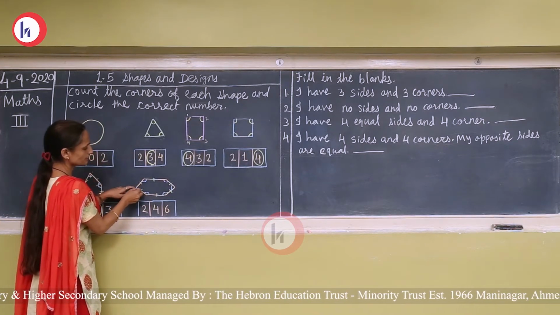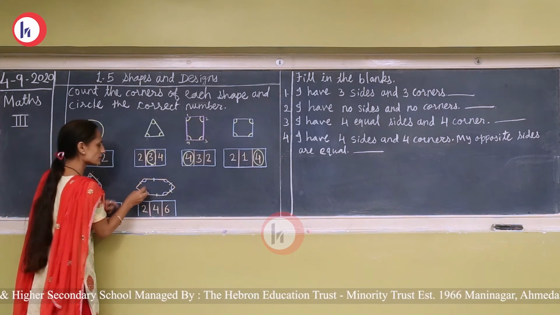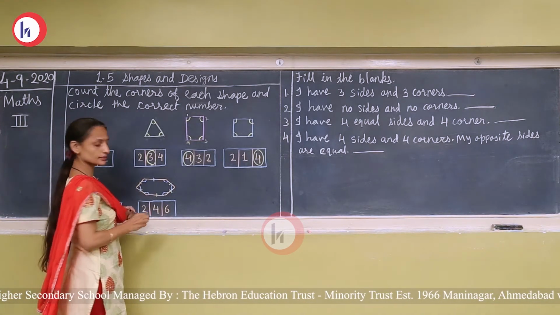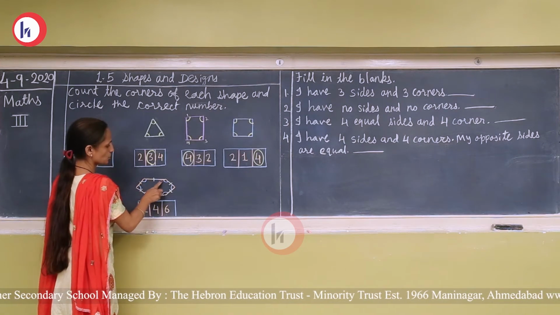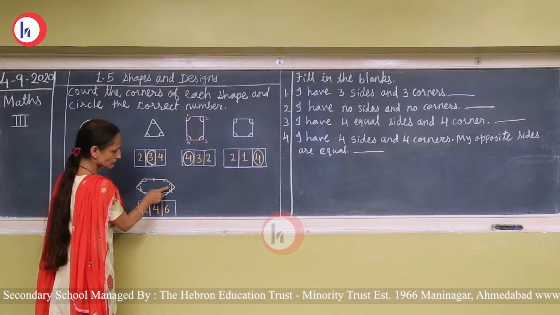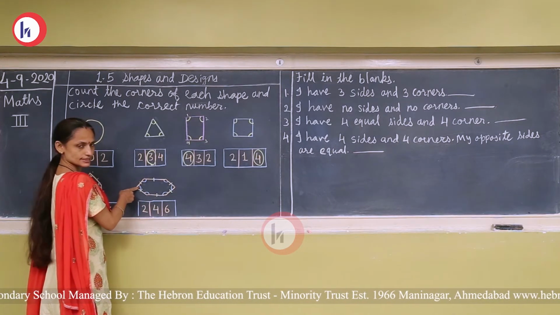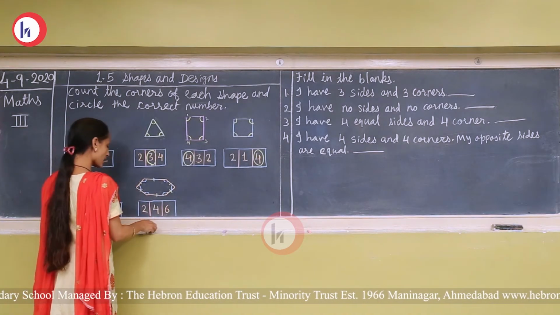And 1 line, 2 line means again there is 1 corner. How many corners are there? 1, 2, 3, 4, 5, 6. 6 corners. Again we will count.